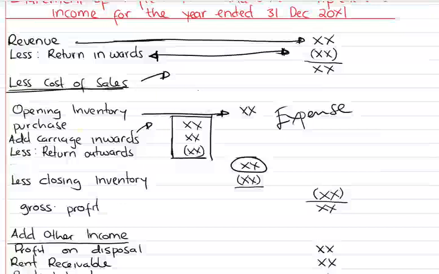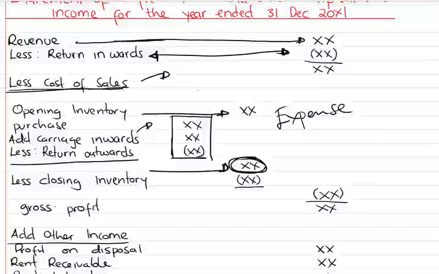And we should subtract any return outwards. If I have returned some of the stock, for example, I find 40 items of the wood faulty, so I'm returning the wood to Reply. This is called return outwards. So we have to adjust for it, and the figure is the adjusted figure for purchases, and it will go in line with opening inventory.